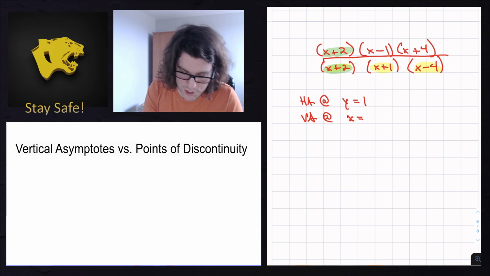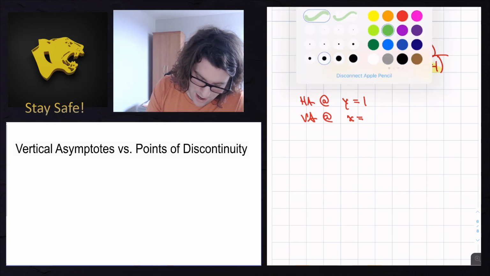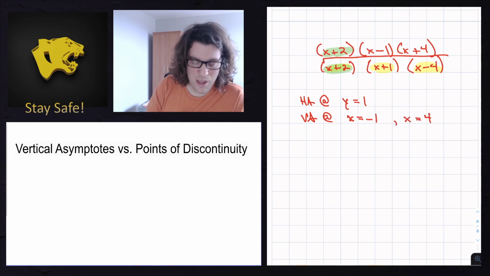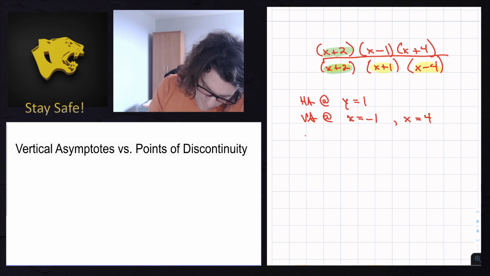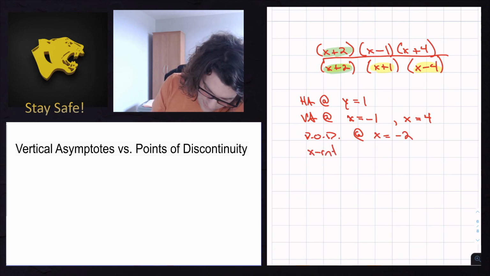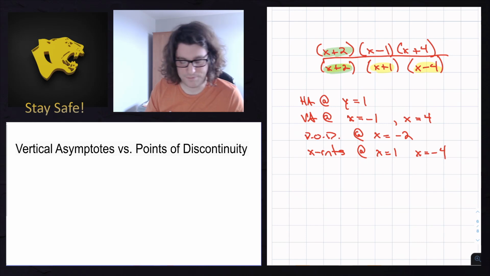That one's the only one that shares, so we can say the other two are going to be x is equal to -1 and x is equal to +4. Vertical asymptotes. We have a point of discontinuity at x is equal to -2, and we have x-intercepts at x is equal to 1 and x is equal to -4.